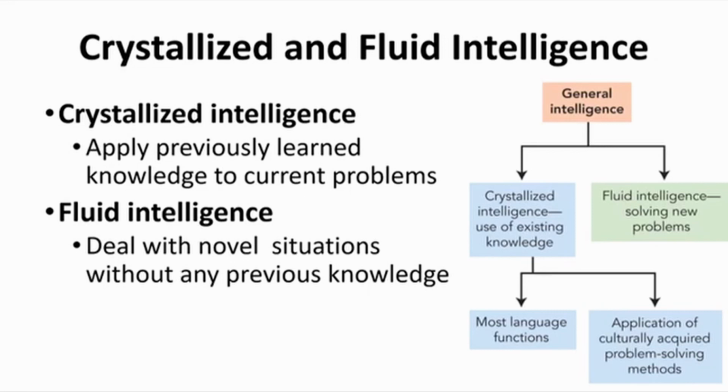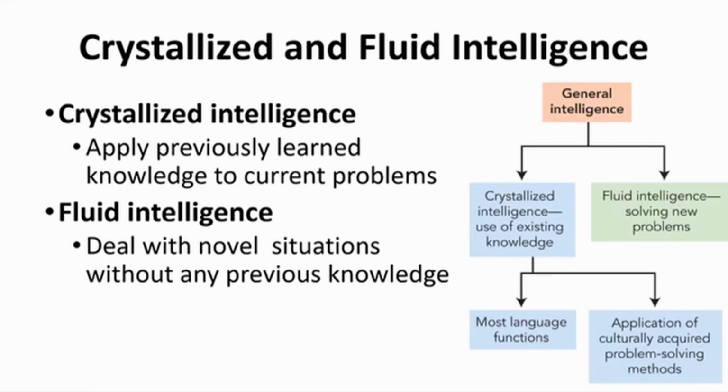So if we start considering things that are different between these two types of intelligence, we can consider what type of memory helps with either of these forms of intelligence. So with crystallized intelligence relying on previous knowledge, long-term memory is going to be the most important type of memory for that kind of intelligence.